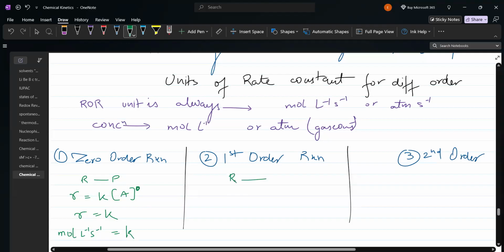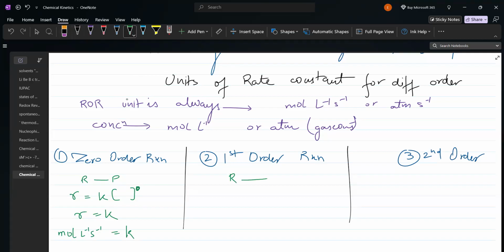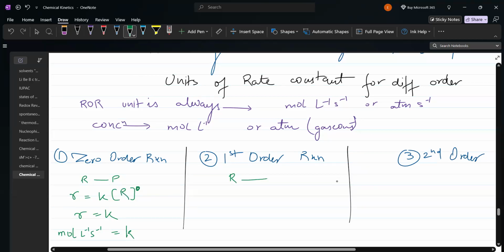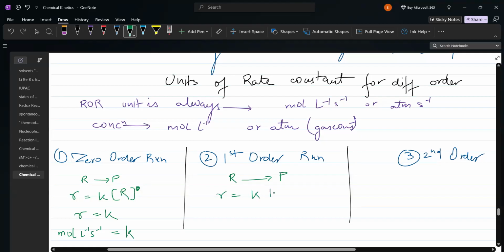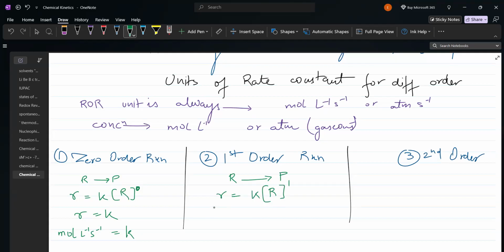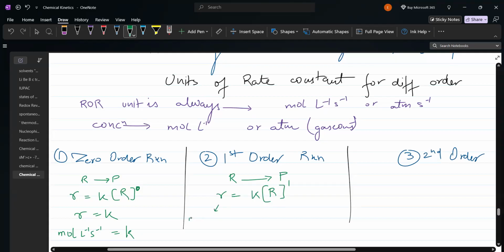Let's take another example. Reactant to product, and we are writing its rate of reaction. It will have power of 1, because this is a first order reaction. The unit for rate of reaction is fixed.